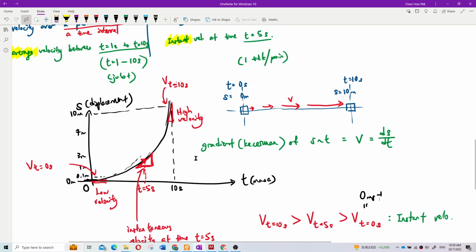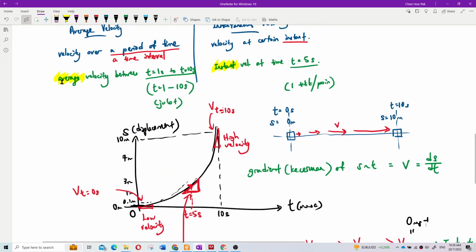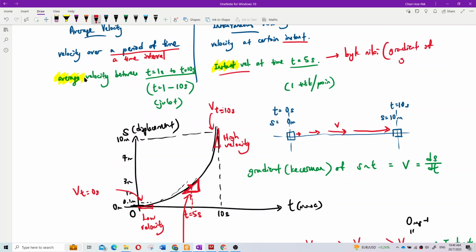Understand? But what is average velocity? Average velocity means purata. Velocity purata pada satu julat masa. Maksudnya, saya ambil average velocity cuma ada satu nilai sahaja. Maksud saya begini. Yang instantaneous velocity boleh banyak nilai. Ya? Or depend on the gradient of graph at any point.